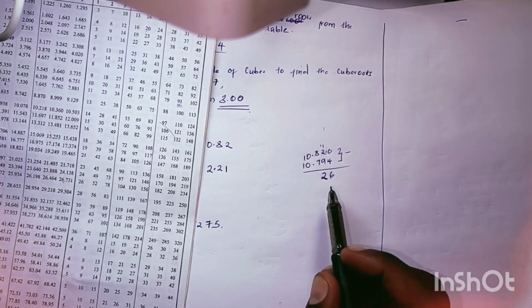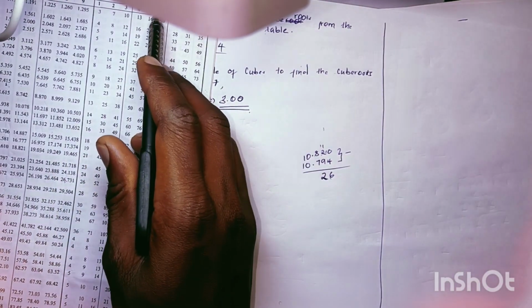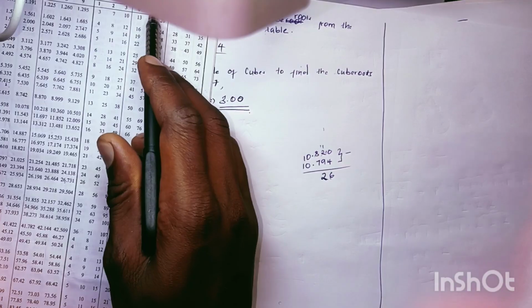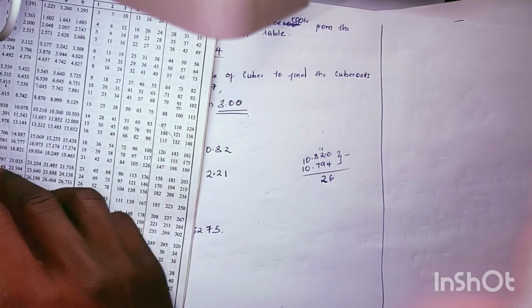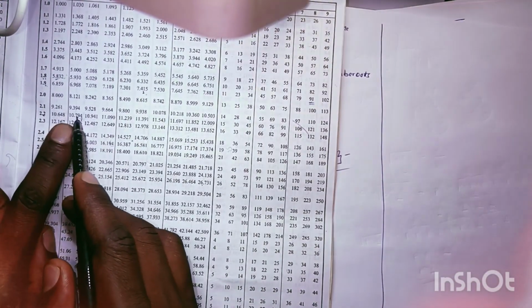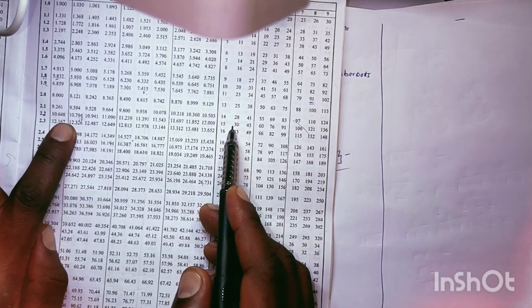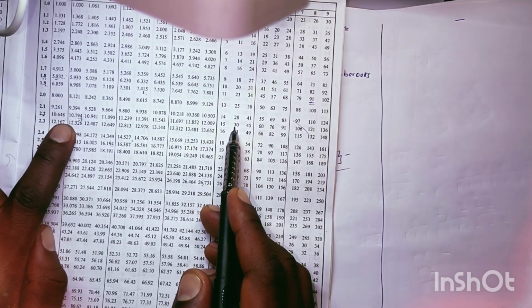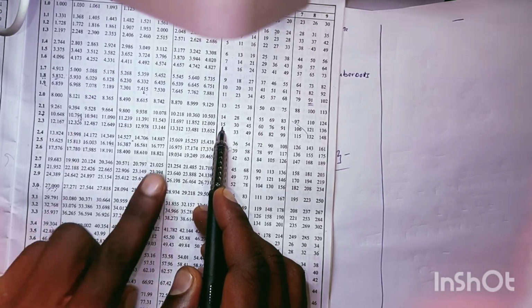Then this 26, I'll have to go and also find it in the column of mean difference, which is the add column. In this add section, I'll just continue moving this 2.21 and then go to a value that is close to 26, but not exceeding 26. I'll pick 15 because 15 is close to 26.